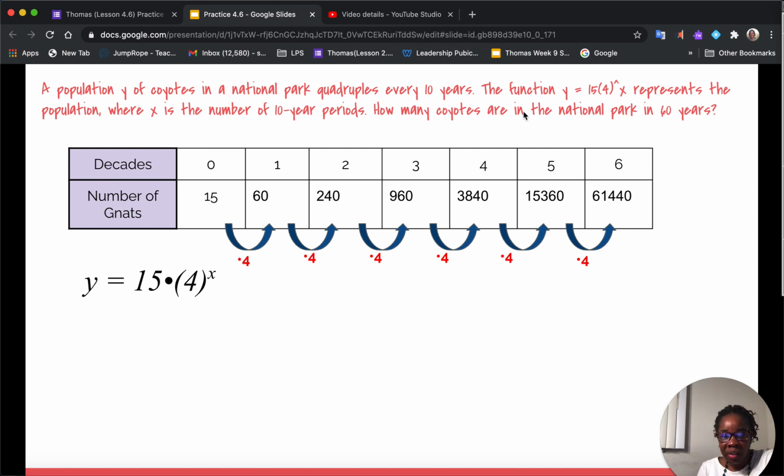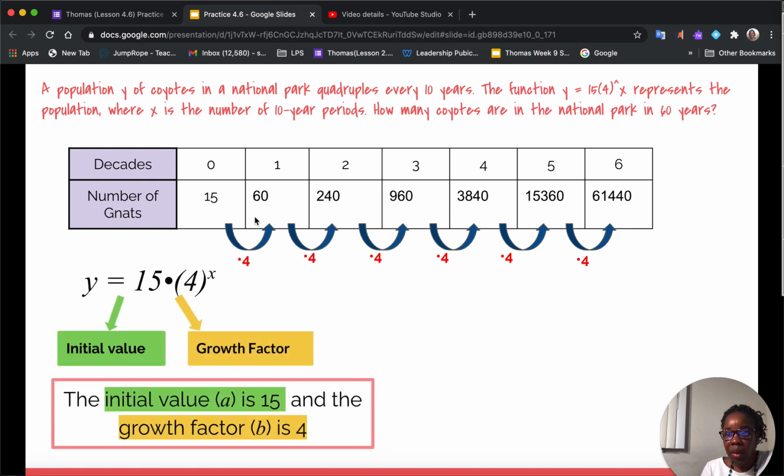They start out with 15. I know the 15 is the initial value based on the equation that they gave us. And they told us that it quadrupled, so that is times 4. And 60 years would mean 6 decades.